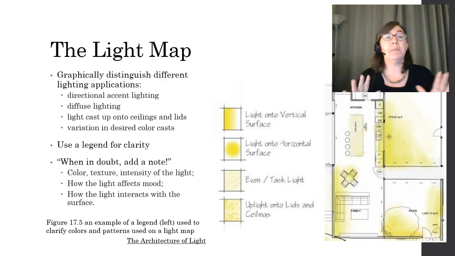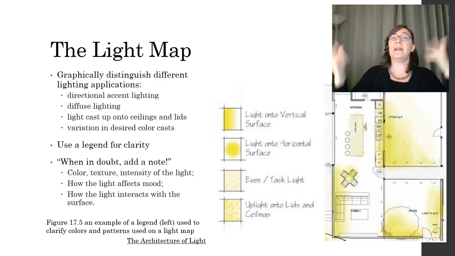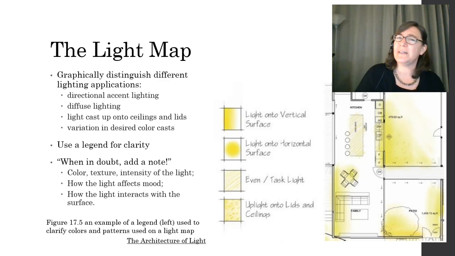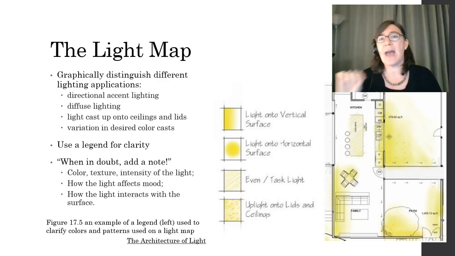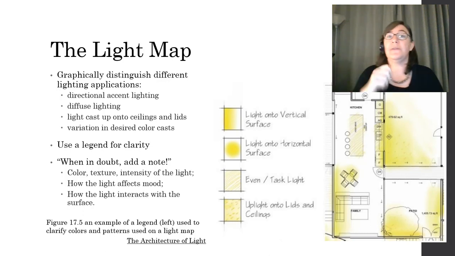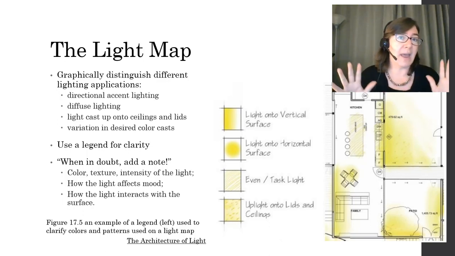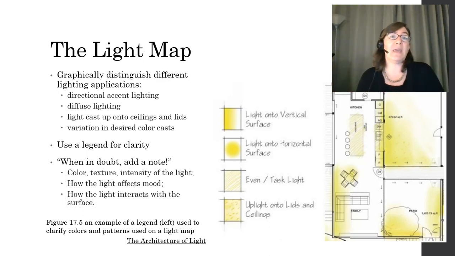It could be directional lighting, diffuse lighting, light cast up, or variation in color. Whatever it is that you want to design, you can indicate that right on your light map. You can use different colors, different textures, different symbols. Honestly, this is a design tool, so make it work for you.